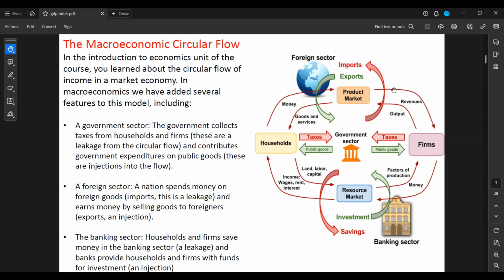Households and firms save money in the banking sector, a leakage, and the banks provide households and firms with funds for investment, which is an injection. And this right here is a modified version of a two-sector circular flow, highlighting more elements that were added, of course. In this one, injections and leakages are present.